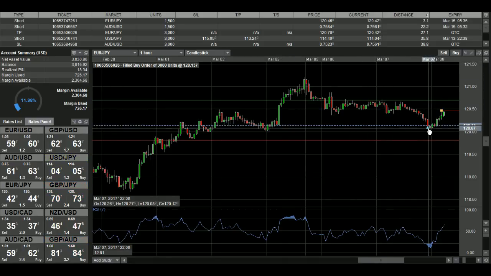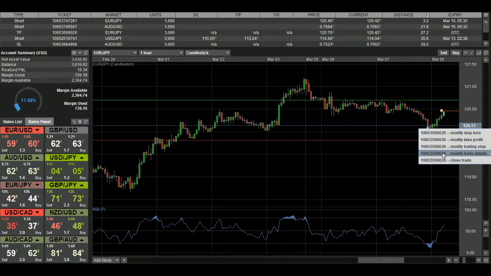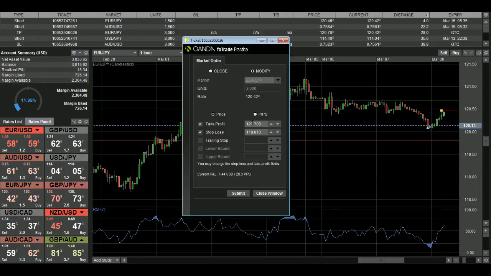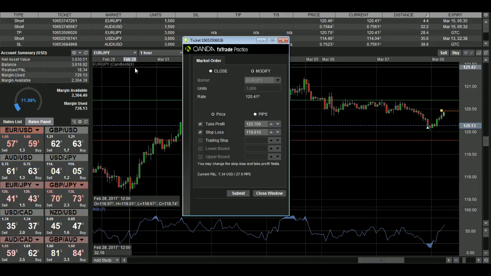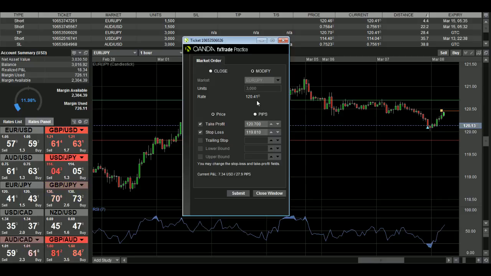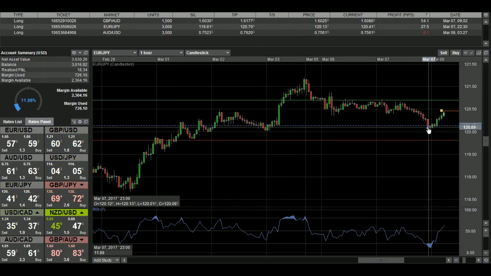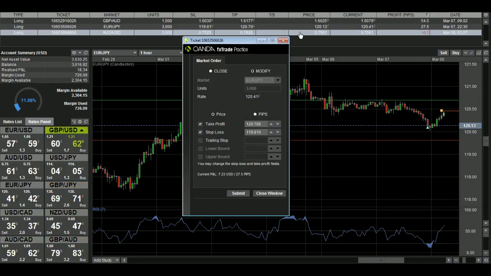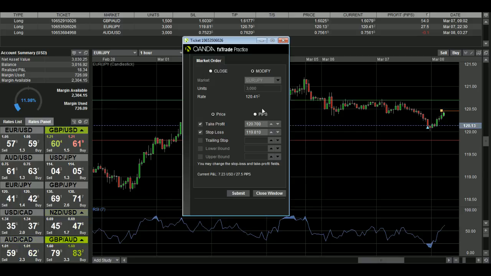So I'm going to go ahead and roll my stop before I get sidetracked here. I'm in at 120.13. So I need to move my stop to 120.18. 120.19 will go.